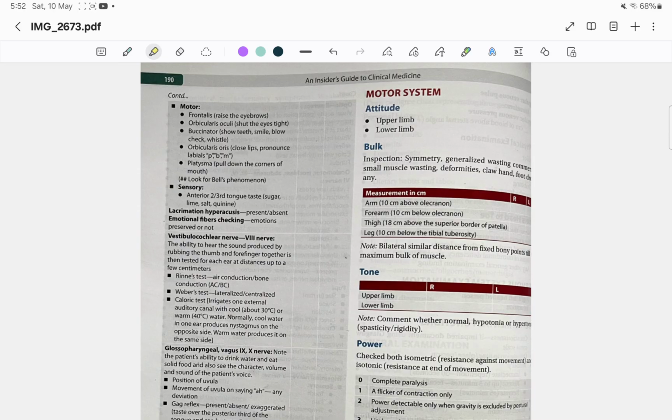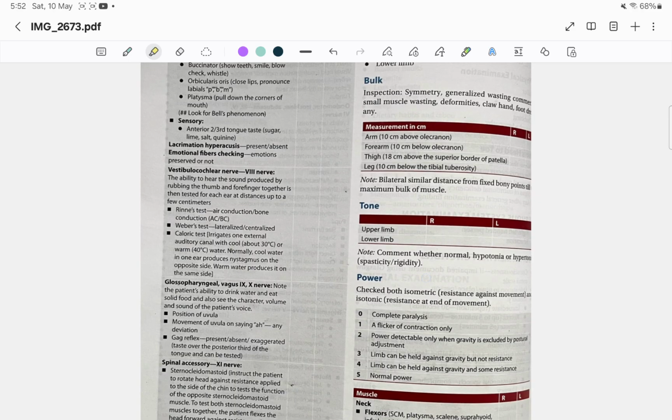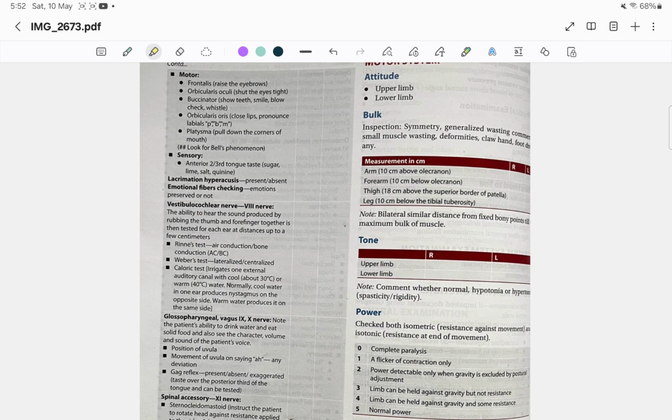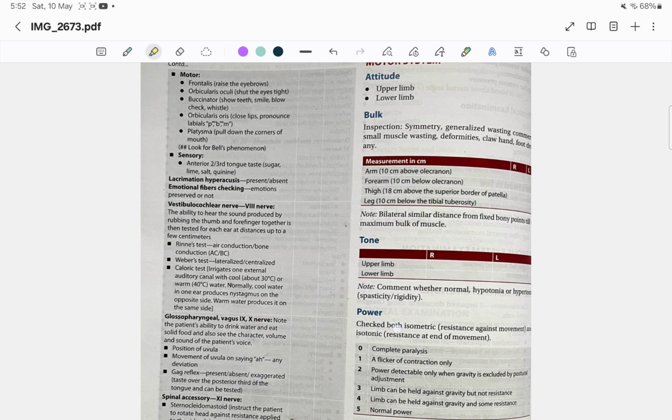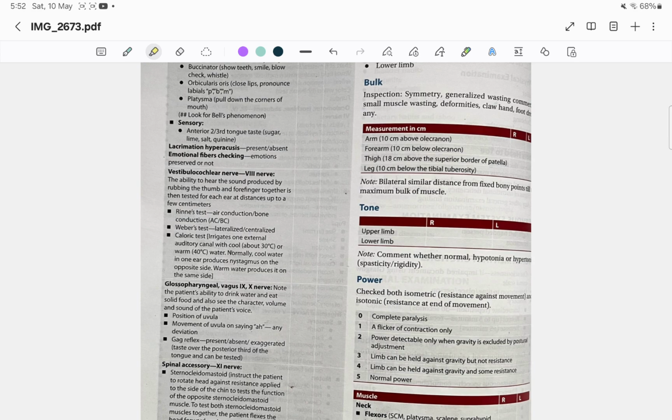That means in an upper motor neuron lesion of the facial nerve, the upper half of the face is spared, because it is supplied by bilateral nuclei. I will clearly explain facial nerve palsy in a separate video, along with the motor system. Just understand this is how you examine it. For sensory, the anterior two-thirds of the tongue, you examine taste.